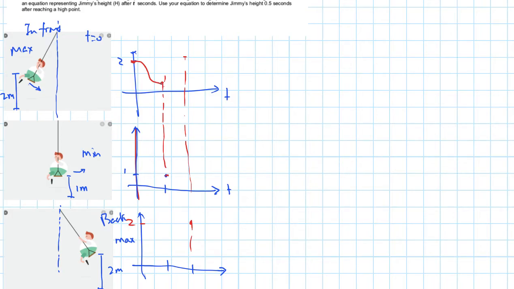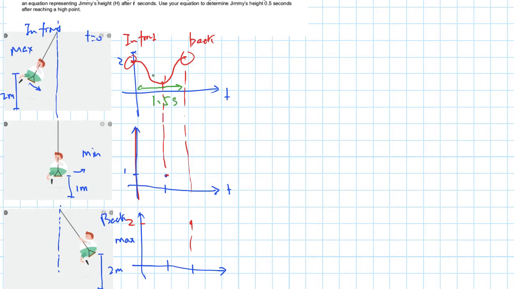It's going to be a curve, and then he starts going back up and slightly slows down when he reaches the maximum. This point is really in front, and this point over here is at the back of the swing. So the time from here to here is 1.5 seconds.